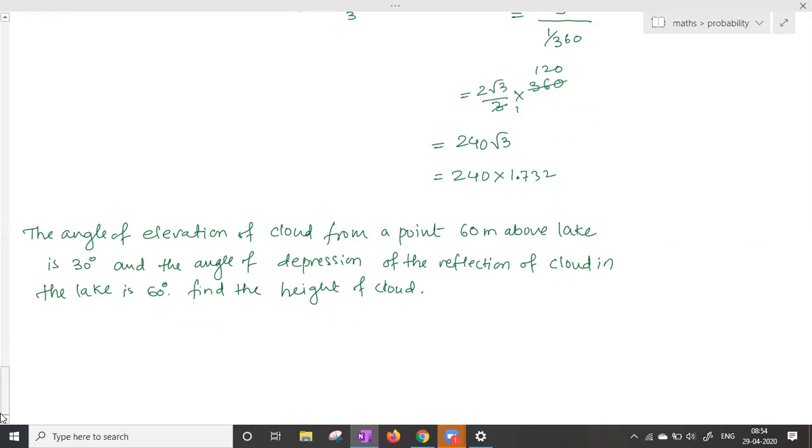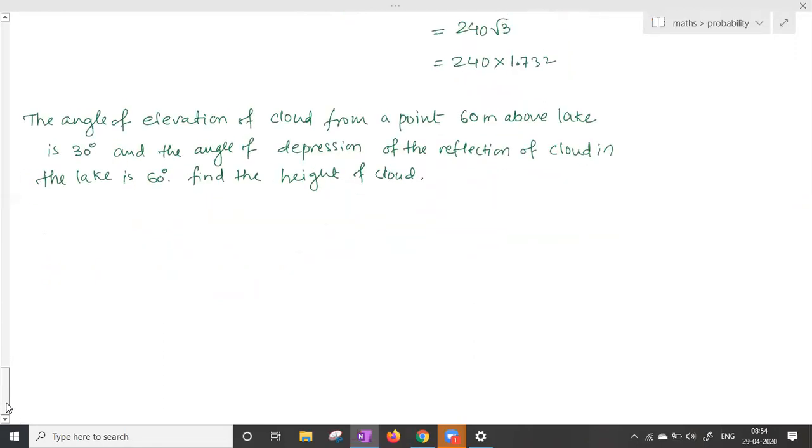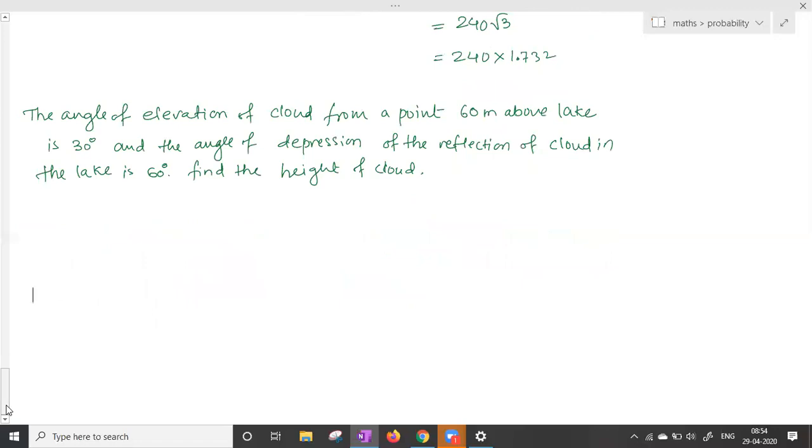The angle of elevation of the cloud from a point 60 meter above the lake is 30 degree. The point where the 30 degree lies is 60 meters above the lake.